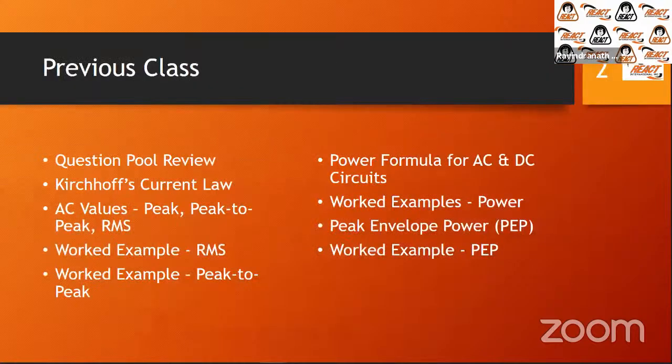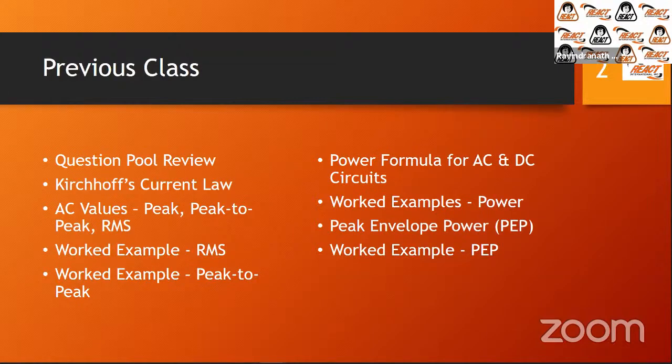In our previous class, we went into some questions in the question pool, so we did a question pool review. We also looked at Kirchhoff's current law. We dealt with alternating current values such as the peak to peak and root mean square, or RMS. We also looked at a worked example for RMS calculation, and a worked example for peak to peak.